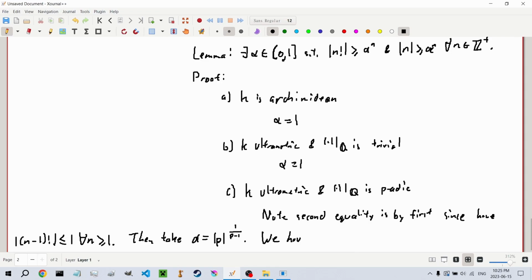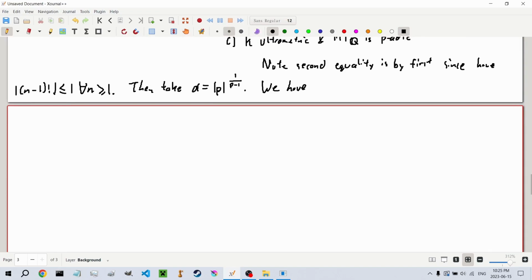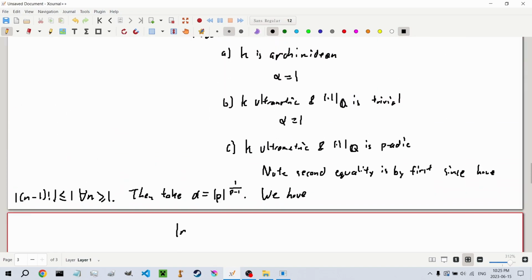We have, on a new page, that the size of n factorial is at least alpha to the n, being equivalent to saying that our p-valuation of n factorial is at most n over p minus 1.